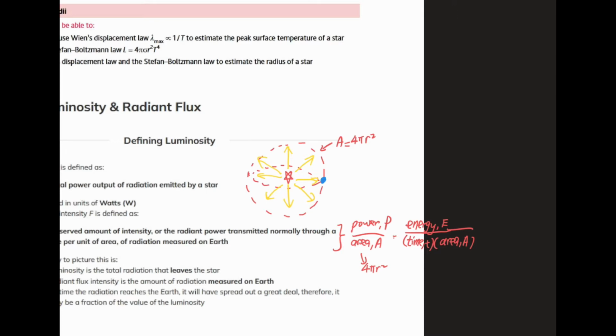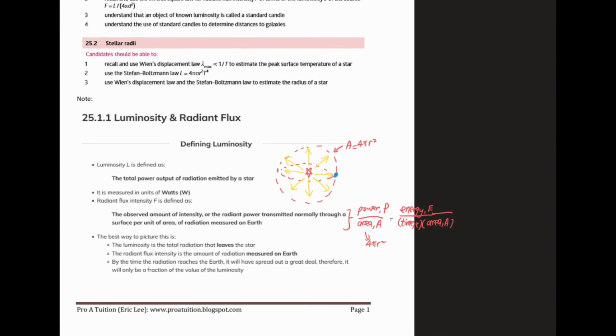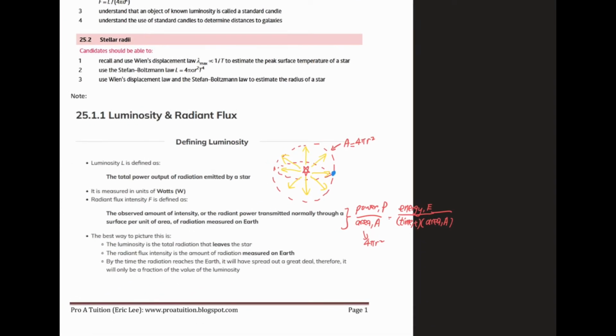So this is the concept of radiant flux intensity: the amount of intensity observed, based on the formula power divided by surface area.